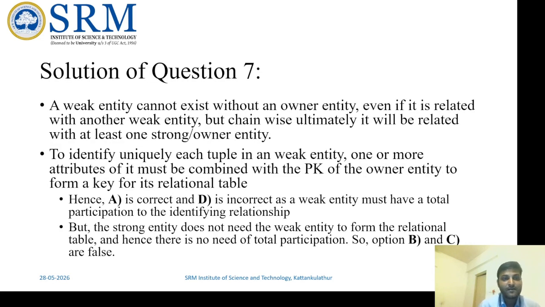Okay. A weak entity cannot exist without an owner entity. It is true. Okay. For example, a student entity cannot exist without a department entity, because without the department, the student cannot exist.